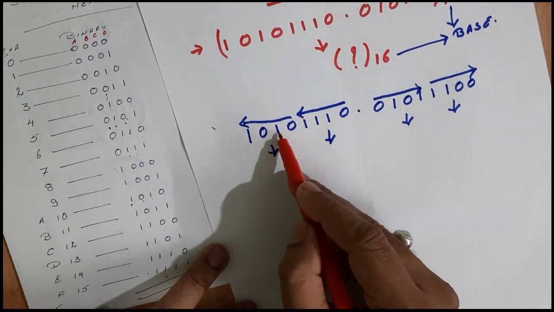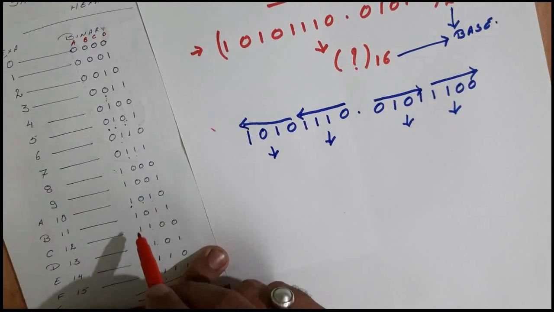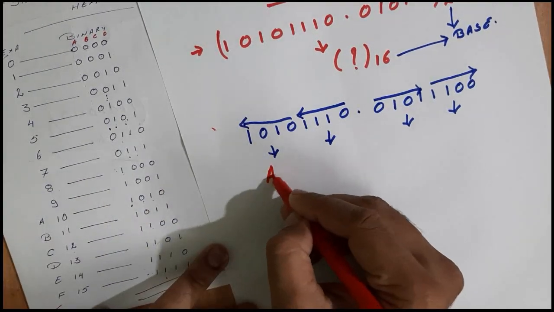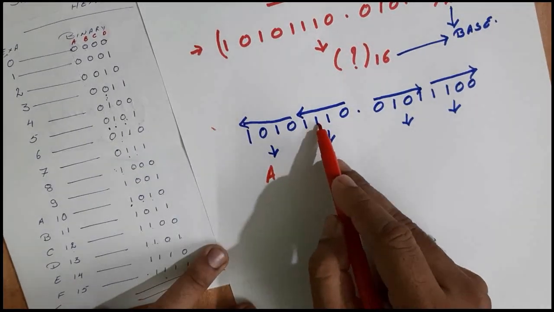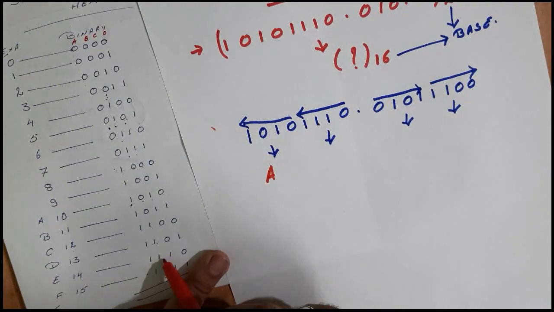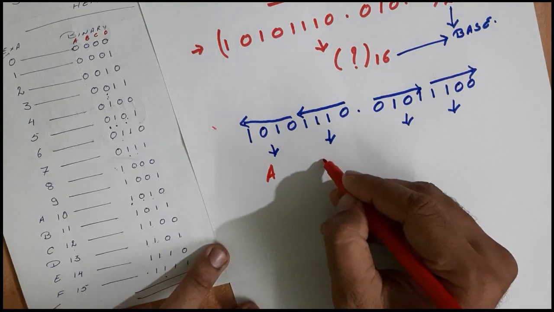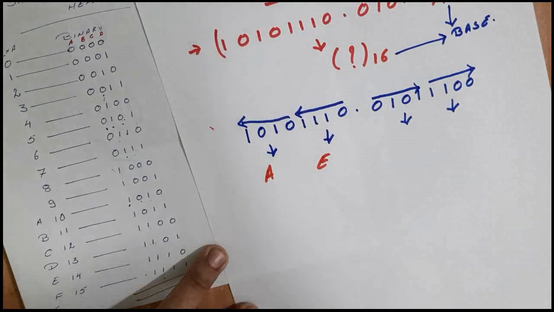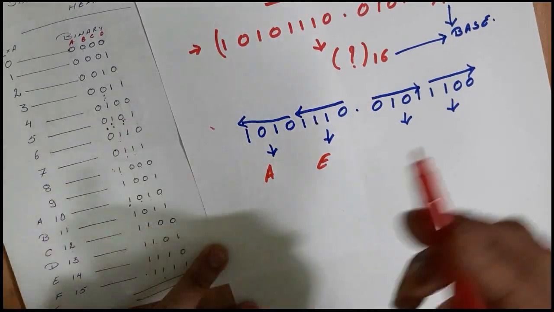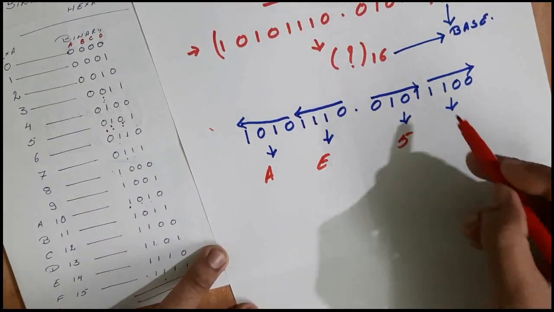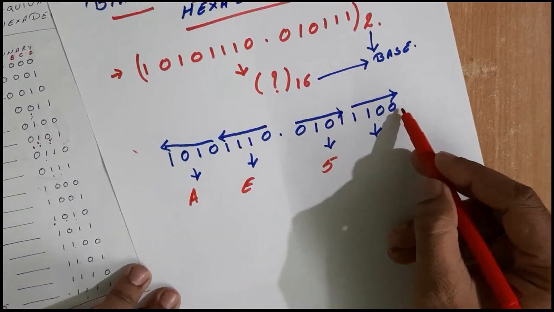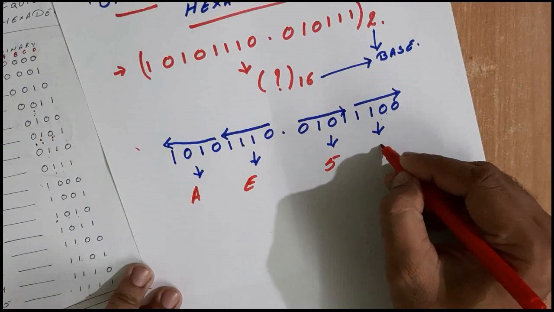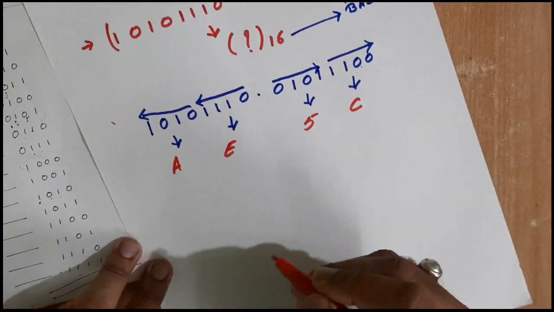We have 1010, it's 10, that is A. 1110, that is E, 14. 0101, this is 5. 1100, that is C. So, we have arrived at the answer.